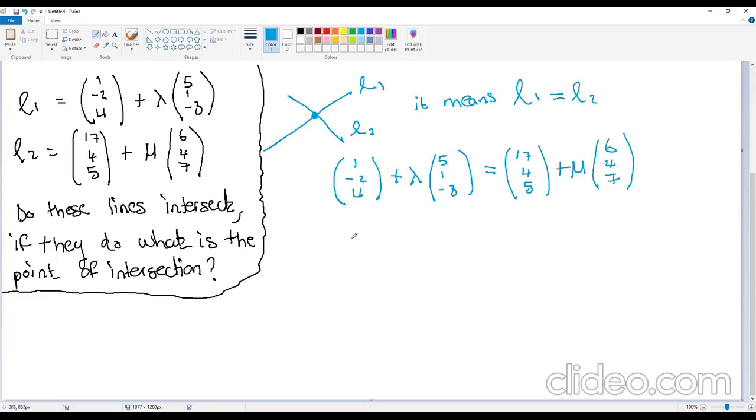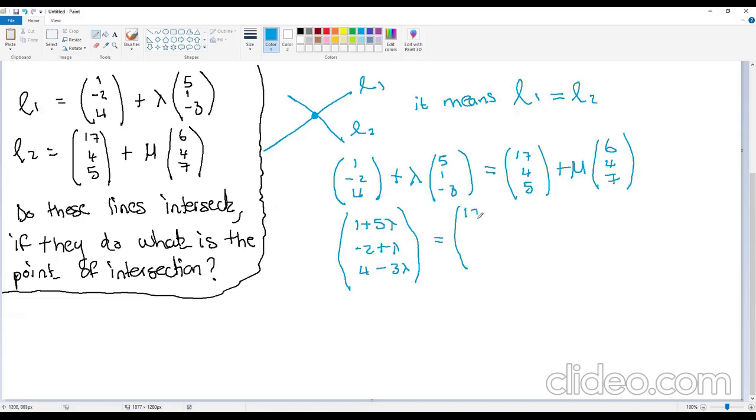And then we can just combine this. This would be 1 plus 5 lambda, minus 2 plus lambda, 4 minus 3 lambda. Just combine this vector. Then do the same thing this side.